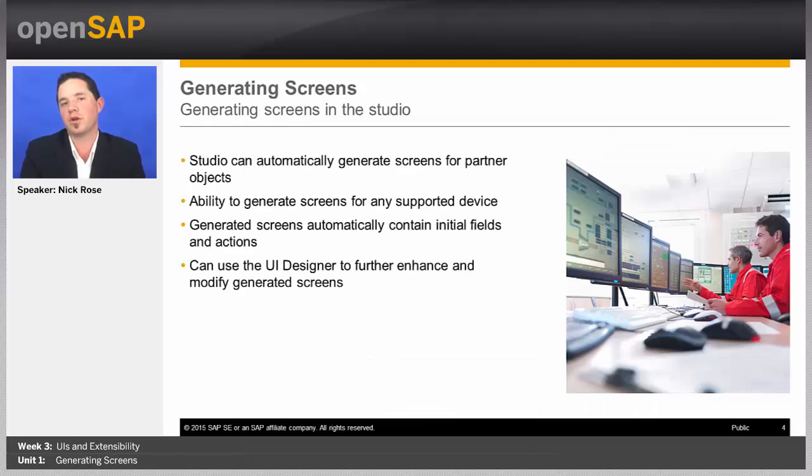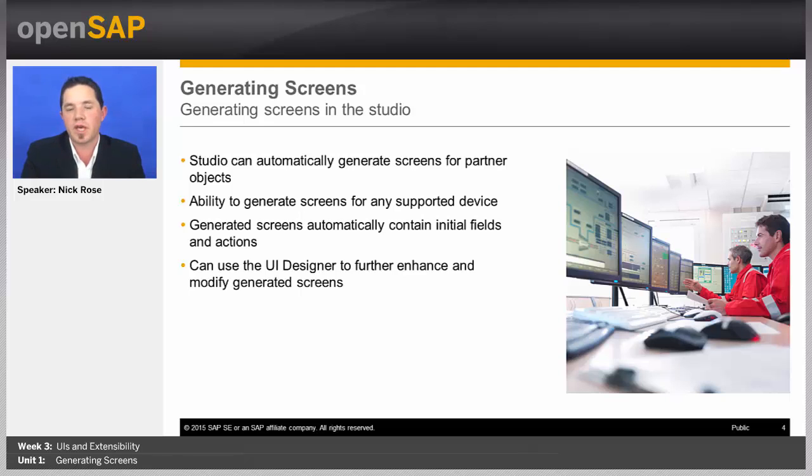Now when we go to generate our floor plans in the studio, you'll see it gives us a really easy way to generate them for our business objects. We can easily go in there and say generate any number of these screens, whether it's one of them or all of them. And these screens will contain details as far as the fields that are in our object, actions that are defined. It tries to look at what our business object is that we're creating the screens on, and then represent those meaningfully within the newly generated floor plan.